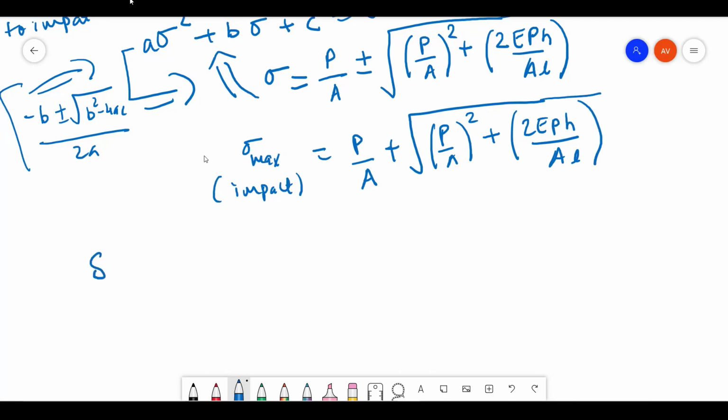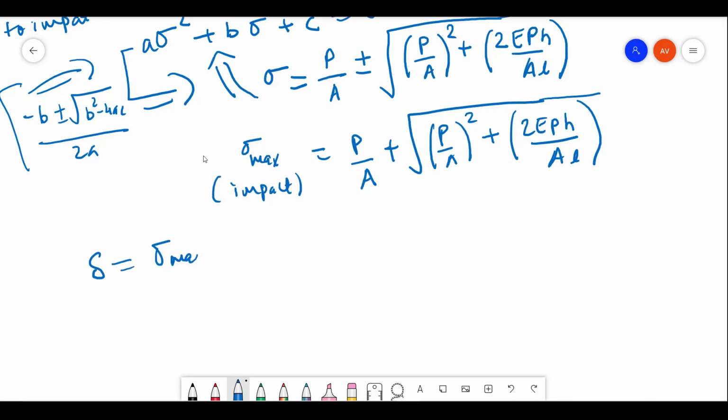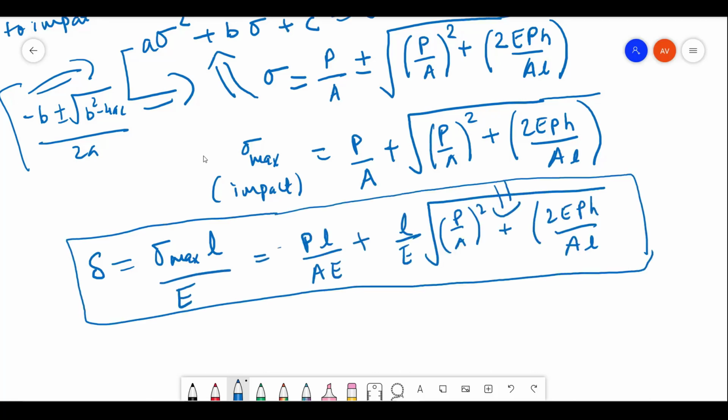Now what is the deformation delta? Delta can be written as this into this. So let's utilize this functional form to derive the solution for this particular problem.